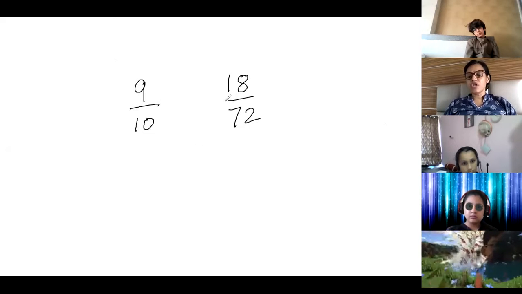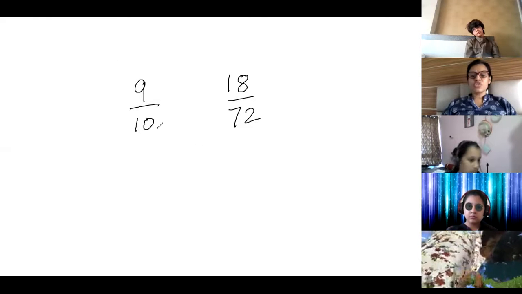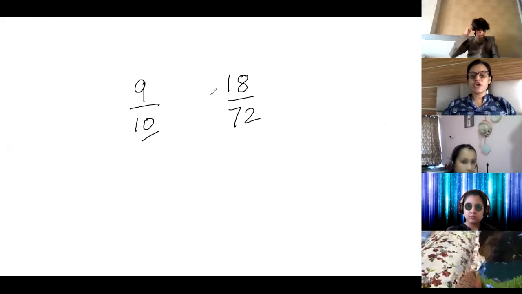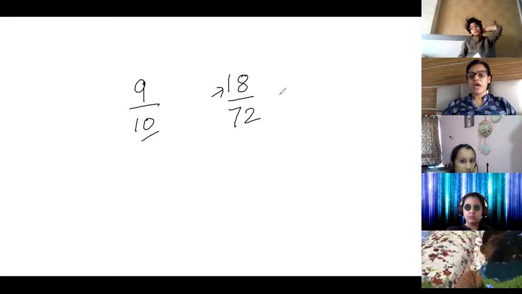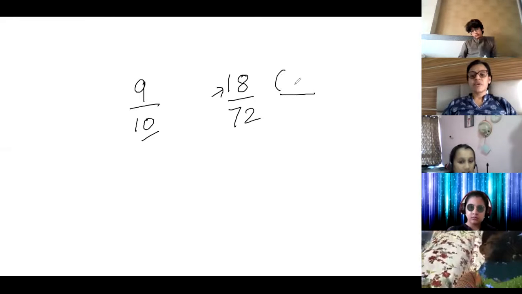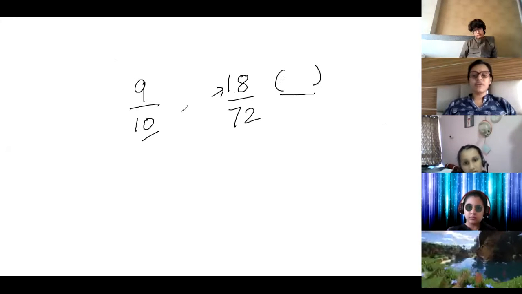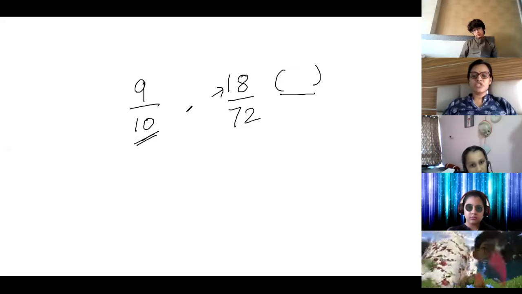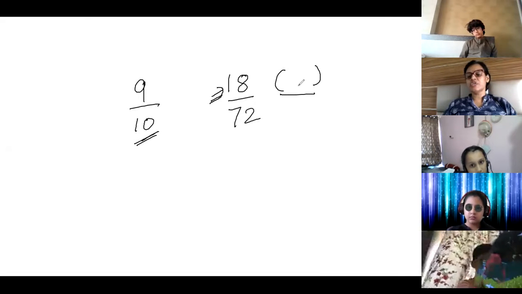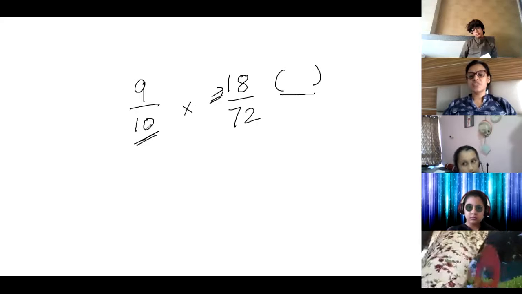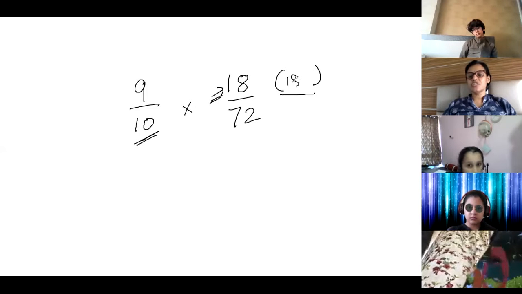Greater and smaller you have to find. First you multiply this denominator with this numerator, 10 multiplied by 18, and write the product beside the numerator. 10 into 18 is 180.